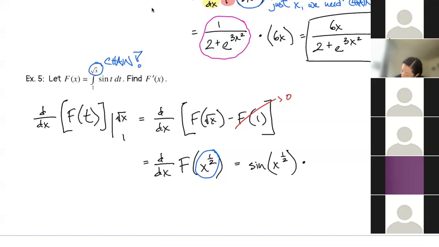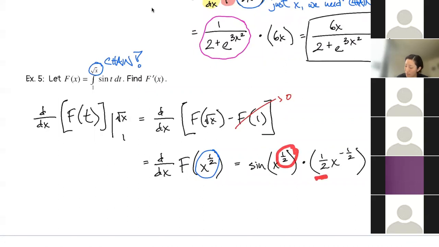And so we want to make sure we include our chain rule here, which is 1/2 x to the negative 1/2. All right. And I try and do a lot of examples with the square roots because it's still a weak spot in our class overall. All right, people are doing very creative things with fractions. So we really want to make sure that we know it's still the power rule.